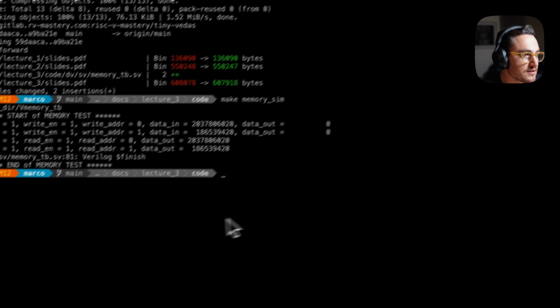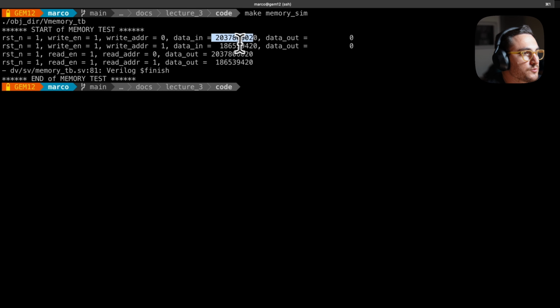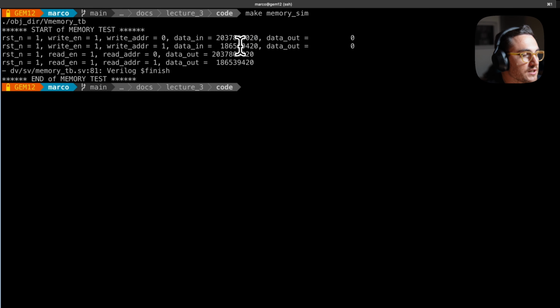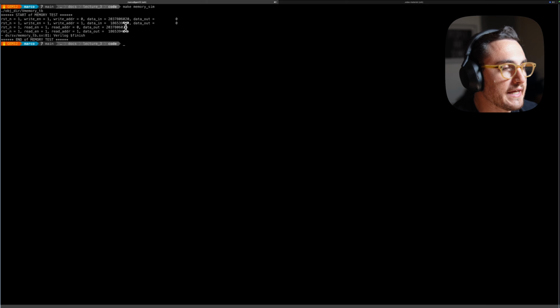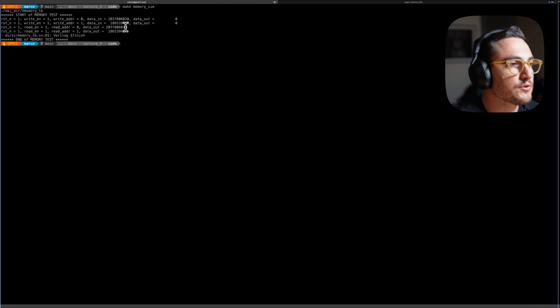And this is best seen in the terminal here, where if we make the memory simulation, you can see that it's pretty much the same thing as the register file, where we read from address 0, where we wrote this value, and the same thing for address 1, and we get the same data. So we successfully store data. It's the same structure externally from a black box perspective, but we have a sequential read port instead of a combinatorial read port.